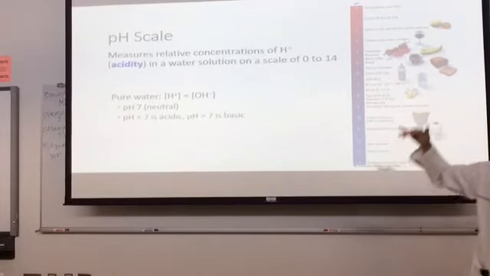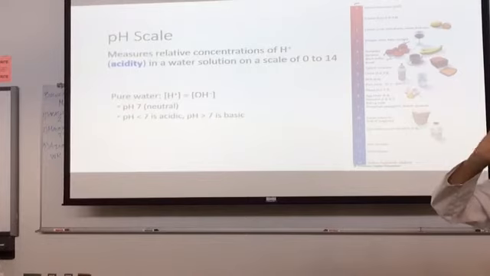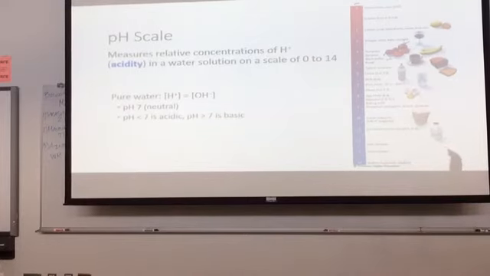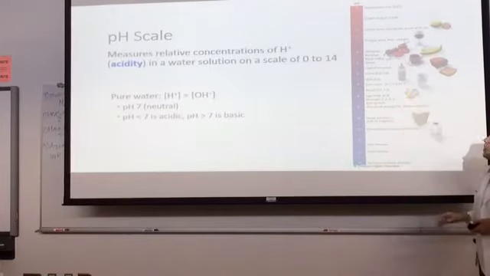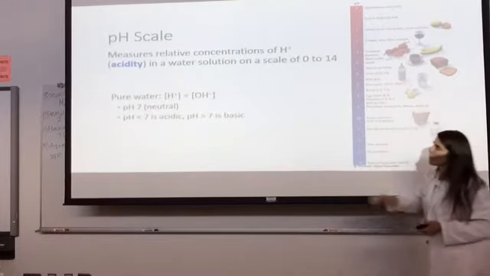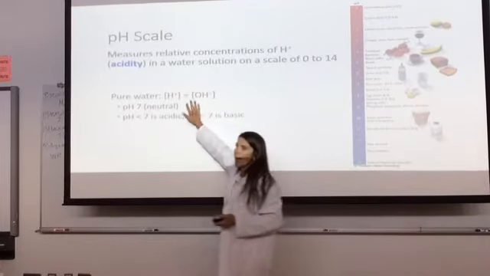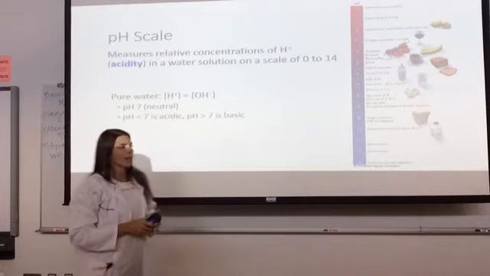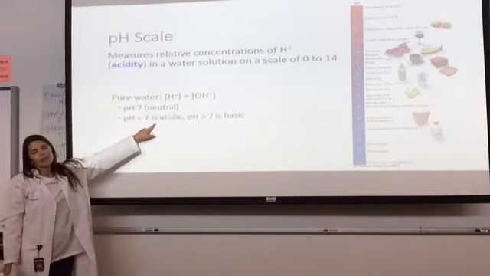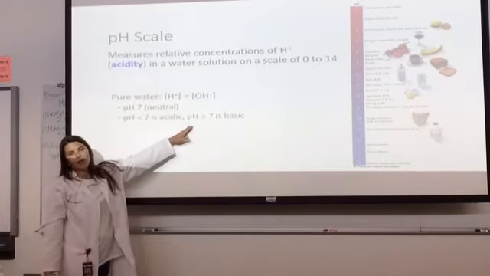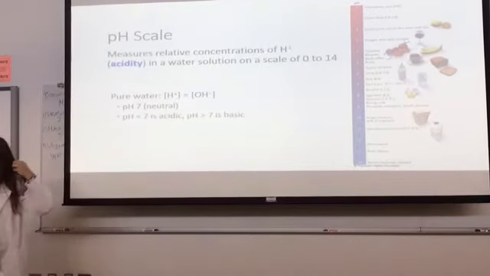If that number is smaller than 7, it is considered acidic. So 6.9 to 0, not 1, sorry, 0. And here are some different substances that fall along that pH scale. Again, pure water is where the hydrogen ions are equal to the hydroxide ions. If the pH is less than 7, it's considered acidic. If the pH is greater than 7, it's considered basic.